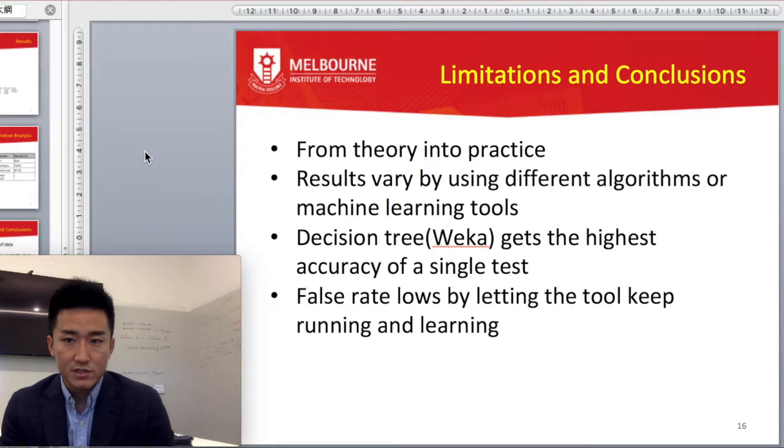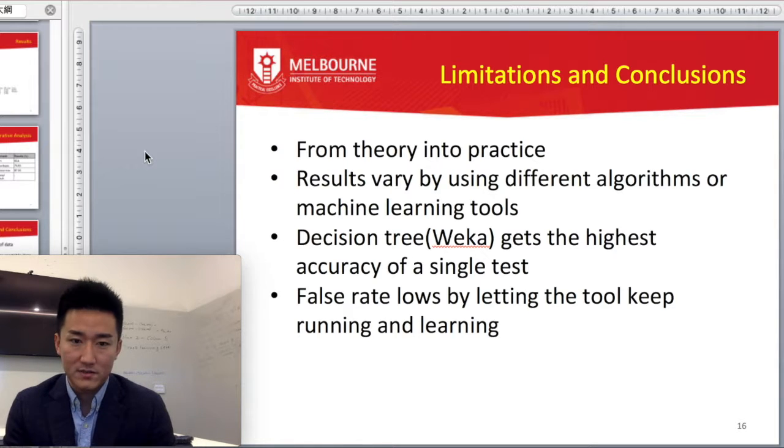The conclusions of the project are very simple and clear. The first one is that we have transformed the theory from the first phase of the project into practice in this phase. The second one is that the results of machine learning tools vary by using different algorithms.